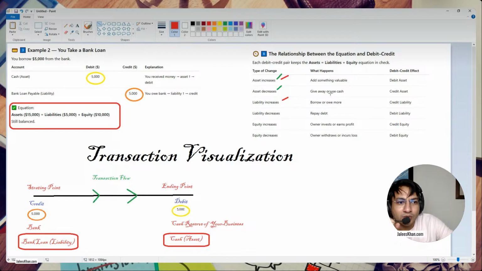Because if asset is increasing, it is increased by the liability or the equity. That's the thing, and the debit credit is like saying from where money is coming and where the money is landing.